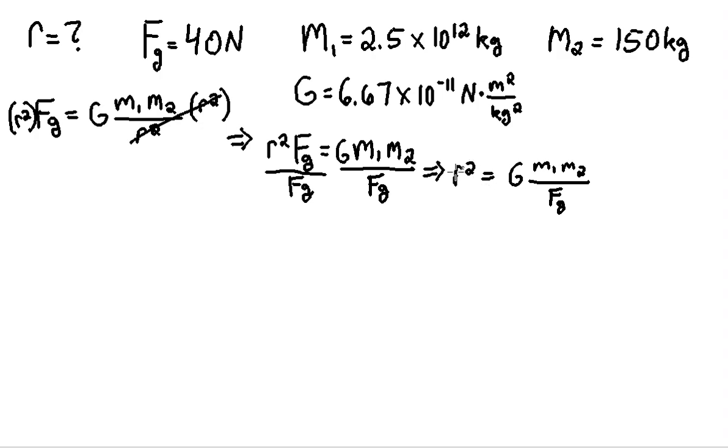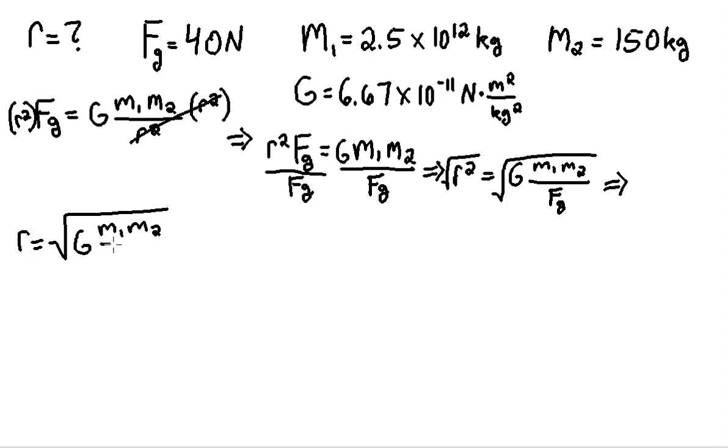And finally, to get rid of this exponent, take the square root, and that gives us our final equation. The distance between these two objects is going to be equal to the square root of Newton's gravitational constant multiplied by the product of the masses, all divided by the gravitational force.